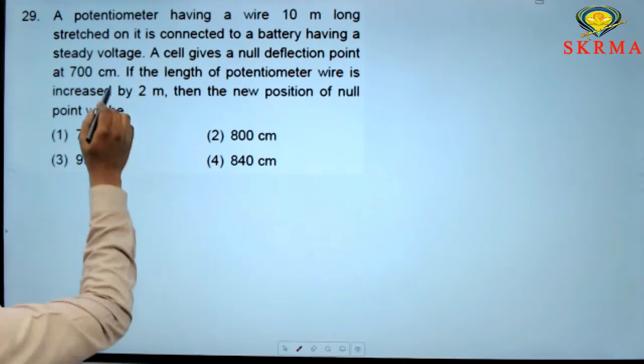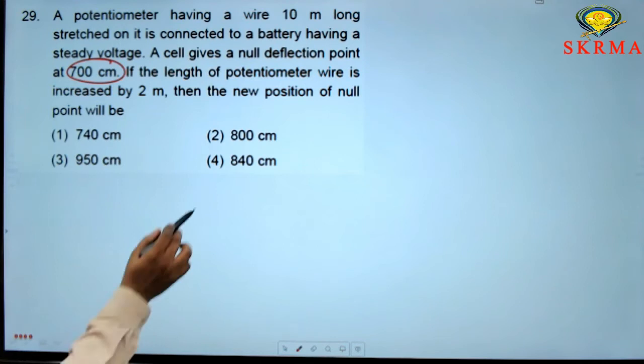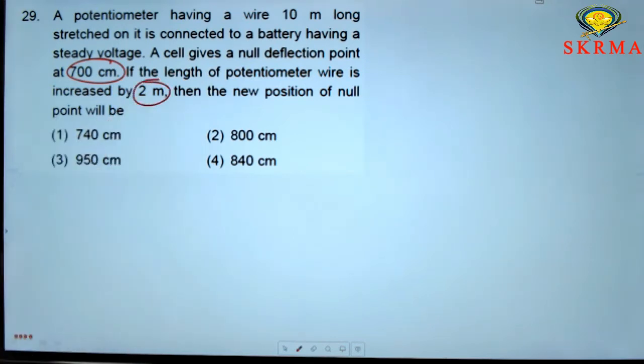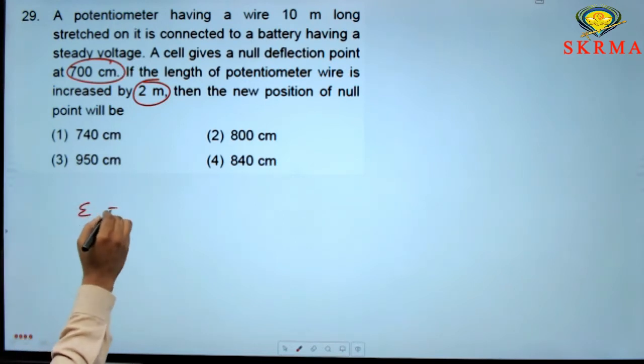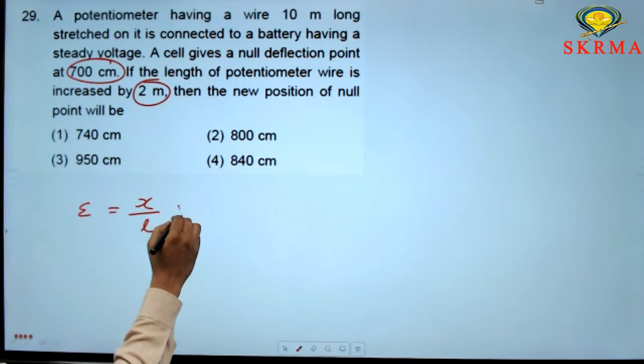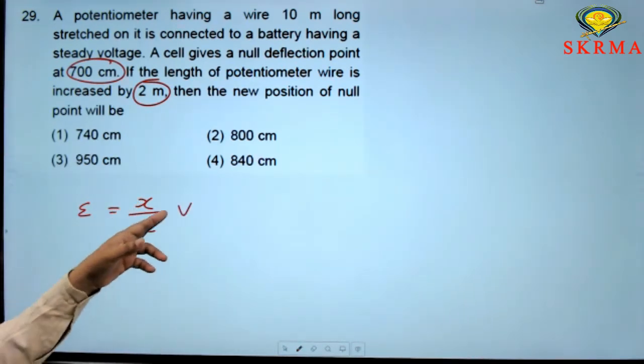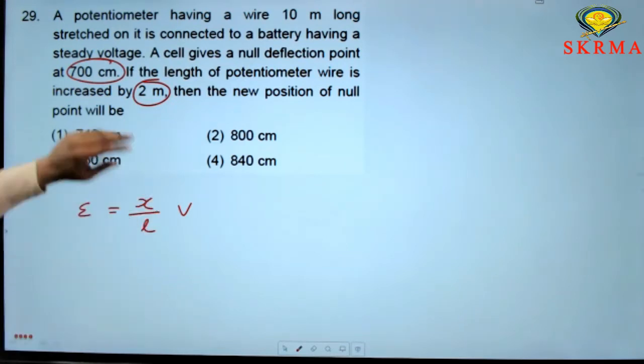A cell gives a null deflection at 700 centimeter. Now, if the length of the potentiometer wire increases by 2 meter, what is the new position? So EMF can be written as balancing length by length of the wire into potential. Now apply this equation for two different cases.